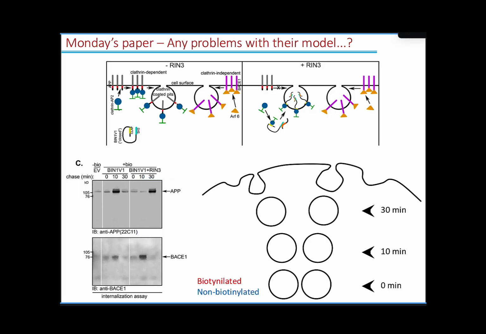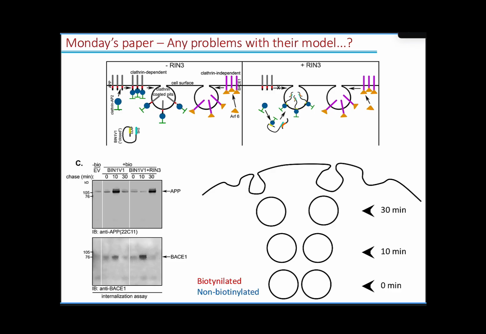So if we assume that base 1 continues coming in, I have this canvas here, so hopefully we can pull this off. When you're looking at biotinylated base and APP, I can totally agree with what the data show. And what the data show is at 0 minutes, you'll probably have very little, if any, of both, right? Because these molecules have just been painted and it takes a while for molecules to be internalized.